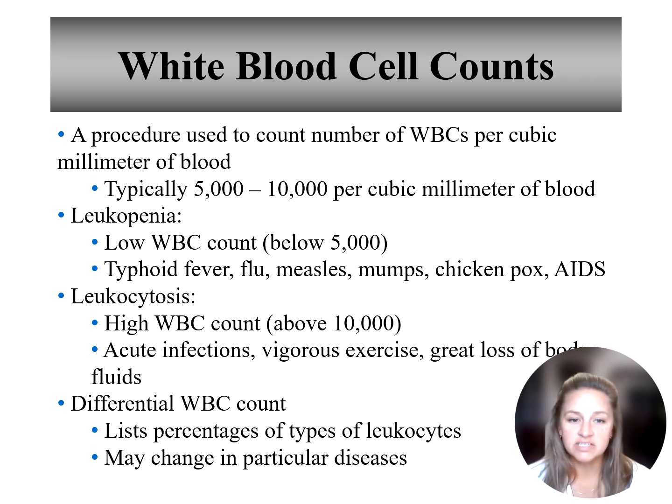Also, you can have a differential white blood cell count, which lists the percentages of the different leukocytes. So again, different leukocytes are responsible for fighting different types of infections, so that can give some insight into what type of infection your body might be fighting.